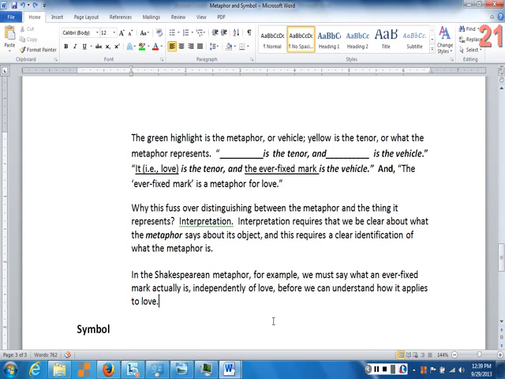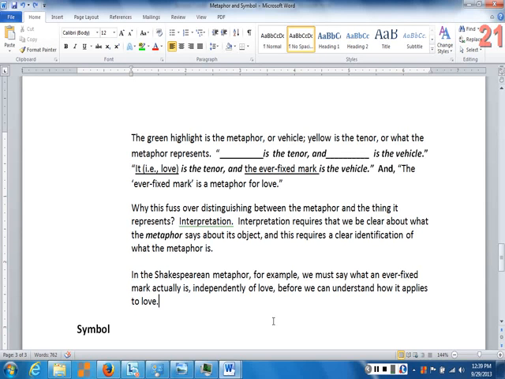And it doesn't matter how bad a storm there is, right? That lighthouse is going to be shining. It's going to be something that the sailors can see in order to navigate, in order to avoid hitting the rocks, right? We say, oh yeah, that's what an ever-fixed mark is, okay?